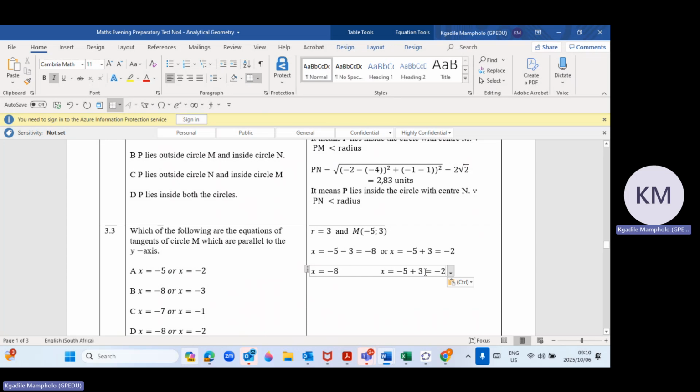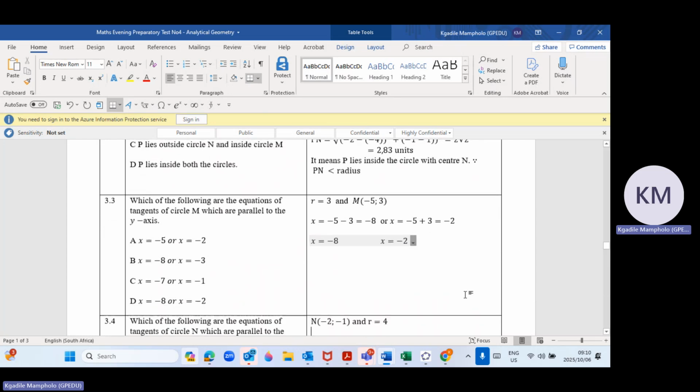So here the answer will be this. These are the equations of the vertical tangents. Remember, we say vertical because those tangents are parallel to the y-axis, which means they are vertical. In this case the correct answer will be D.